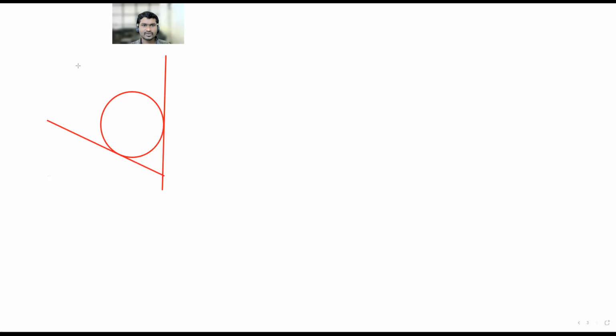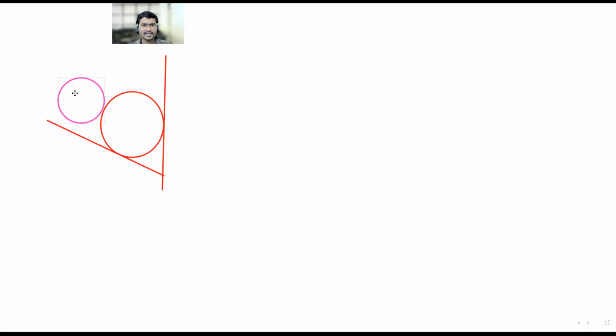So I would like to go for that sphere also. Yeah, exactly, this is like this. It may happen that the sketch will come inside or outside, it doesn't matter.